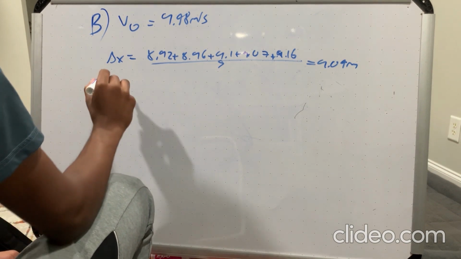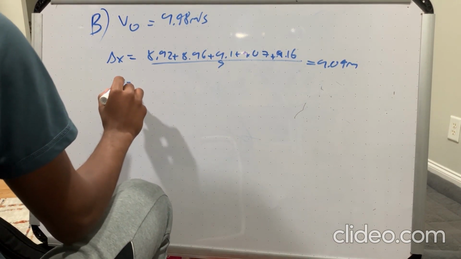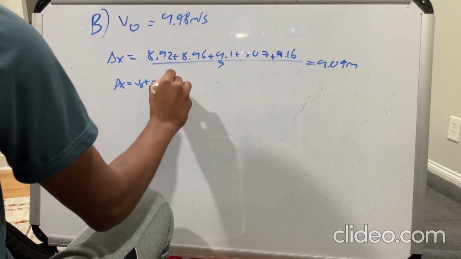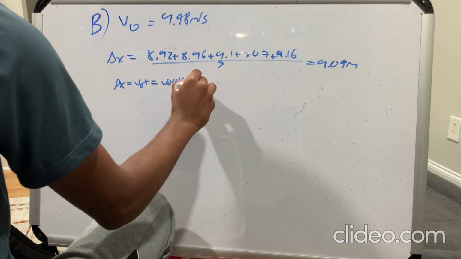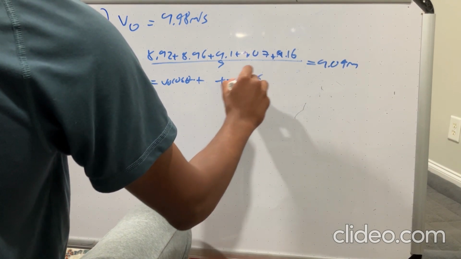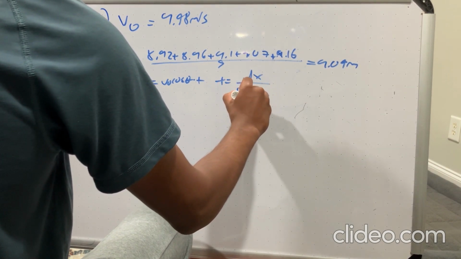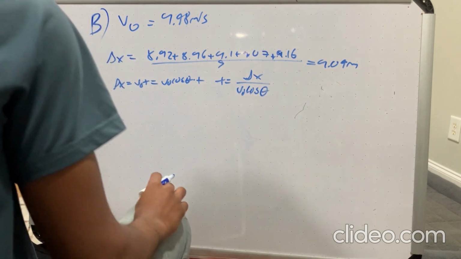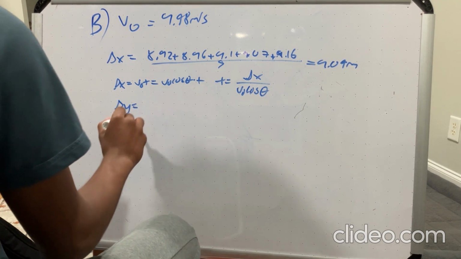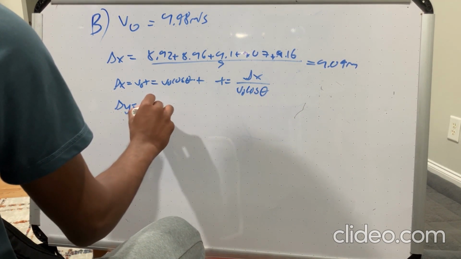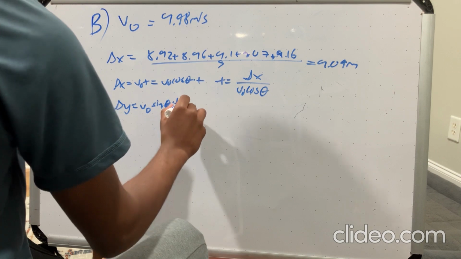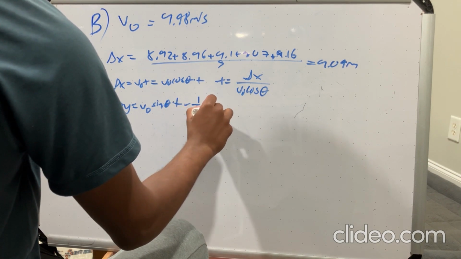And then you would use this equation, change of x equals v naught t, which would equal v naught cosine theta times t. T would equal change of x over v naught cosine theta. And then you would plug into the second equation, change of y equals v naught sine theta times t minus 1/2 g t squared.